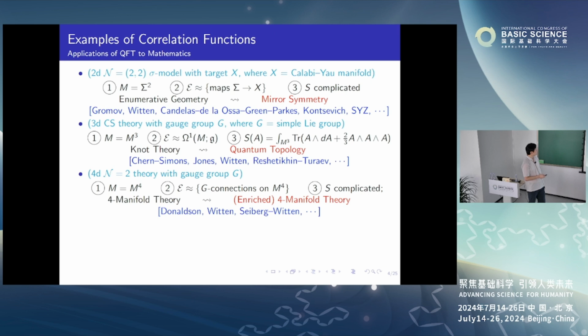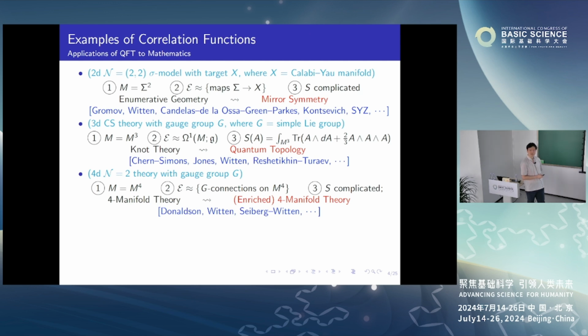before thinking of these sorts of physical input data, there were pure math subjects, like enumerative geometry, knot theory, and four-manifold theory. And by the work of these people and others, using this idea of field theory, and in particular correlation functions of field theories, we now understand things better.